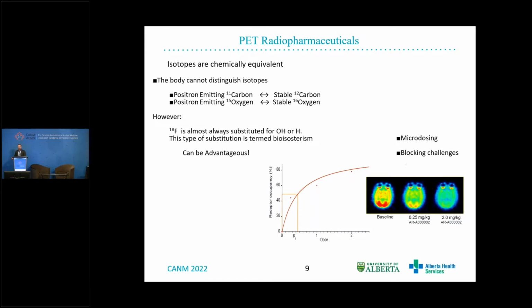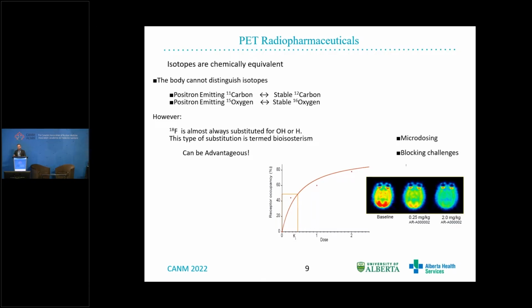For example, microdosing. If you have a pharmaceutical that you want to know the biodistribution of, it might be a lot faster to label it with a PET radionuclide. Usually that would be carbon-11, because all pharmaceuticals have a carbon in them.